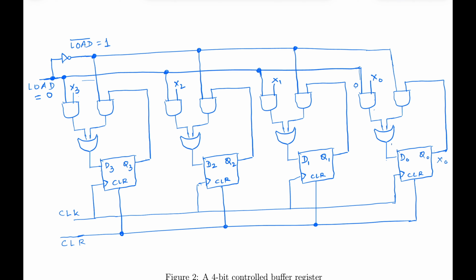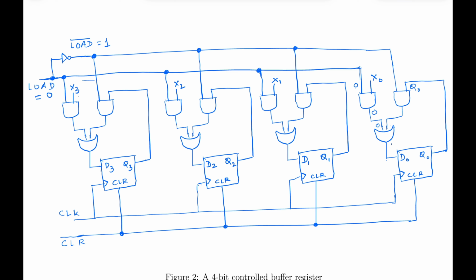So this AND gate has two inputs, one is X0 and another is 0, and therefore this AND gate is inactive. So the output of this is 0. This output of the AND gate is the input to the OR gate. This is also 0. This is Q0, so Q0 is here, and Q0 is the input to this AND gate.